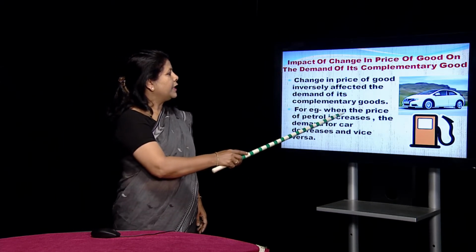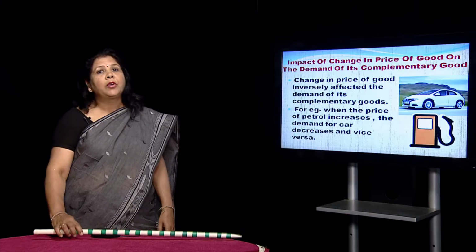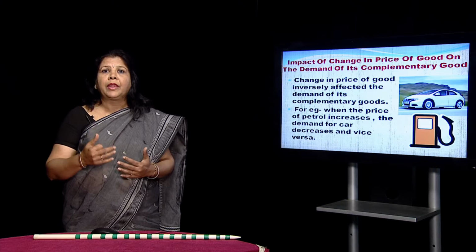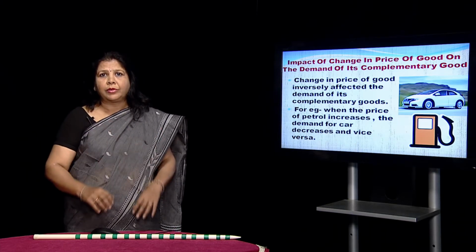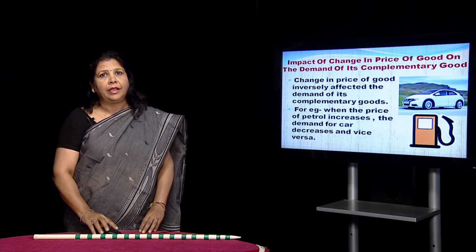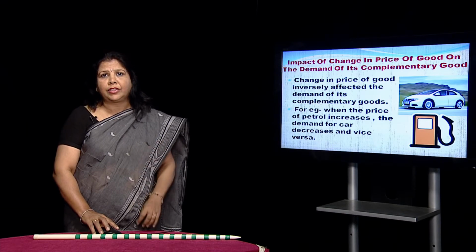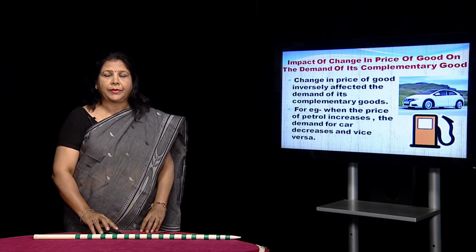An example here is when the price of petrol increases, the demand for car decreases and vice versa. This is because when price of petrol increases, it becomes dearer, and so the car which runs on petrol also tends to become dearer. So, this is the way that there is an inverse relationship between price of a good and the demand of its complementary good.